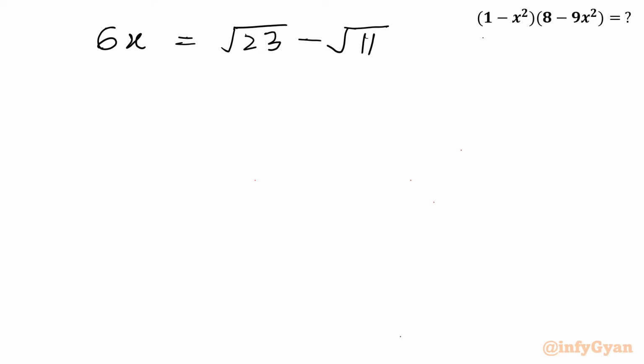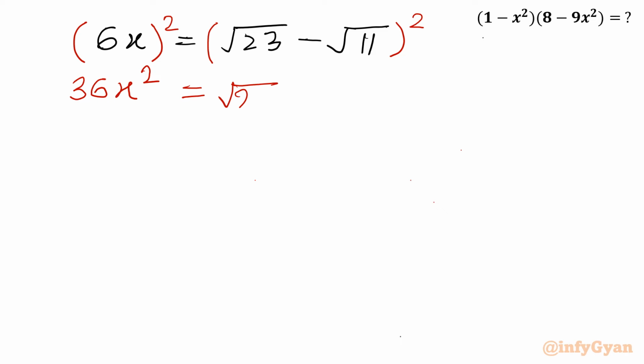Let's consider squaring both sides, power 2, power 2. Now the left hand side will be 36x square. The right hand side will be a minus b whole square. So it is a square plus b square minus 2ab.